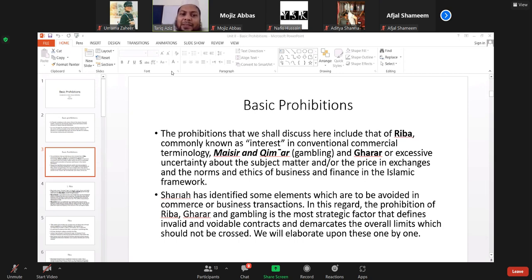The concept of ethics and morality is very broad. If you remember, we have discussed the concept of maqasid al-Sharia.